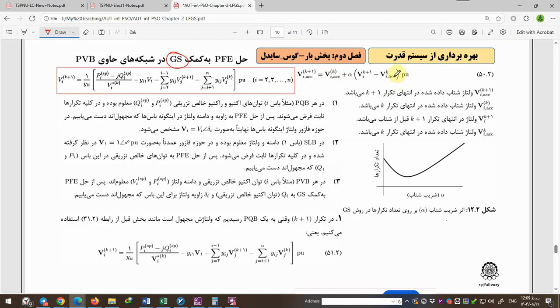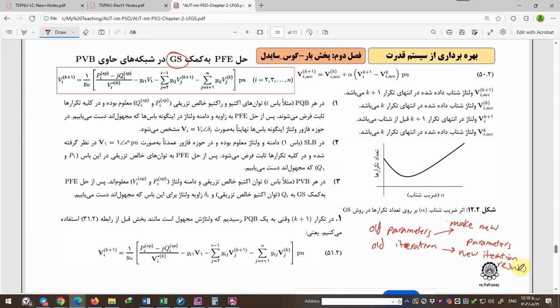As you know, old parameters make new parameters, or an old iteration makes a new iteration, or new results.